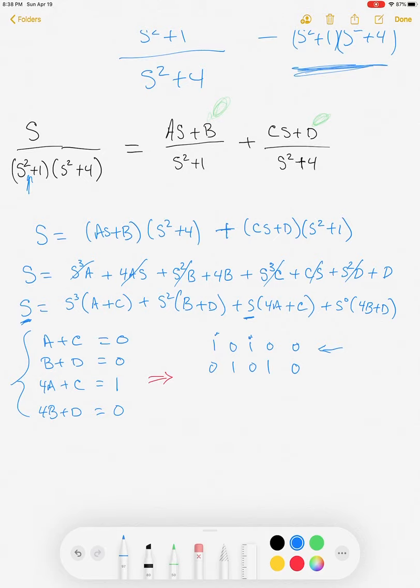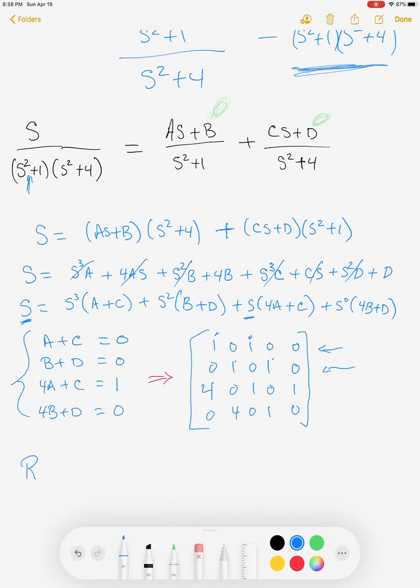That's what the top row means. And the second row means 0 plus b plus d. So then for the next row, I have 4 times a, 0, 1, and then 0, 4, 0, 1, 0. And this is my system.